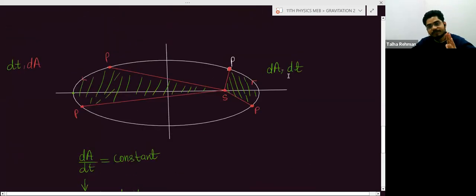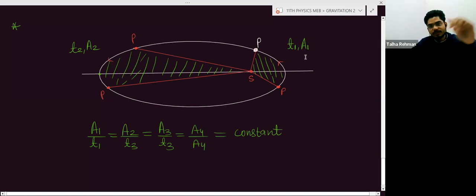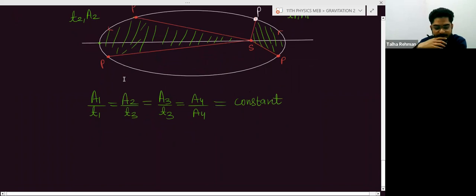Earlier the time was same, that is why the area was same. So this area is not equal to this area, because this planet is covering this in time t1, and this planet is covering this area in time t2.